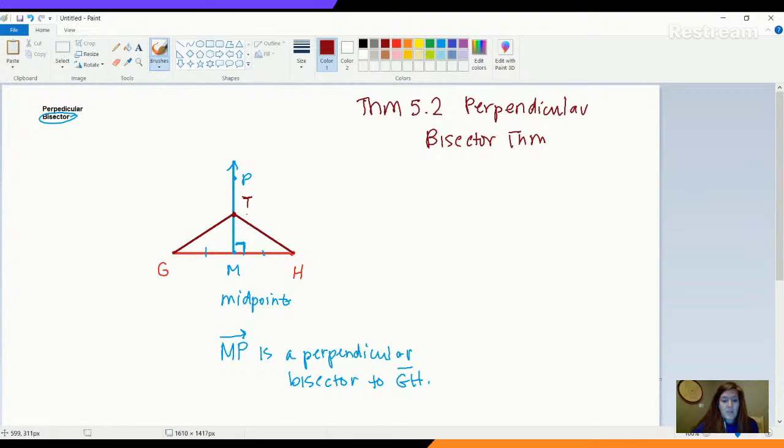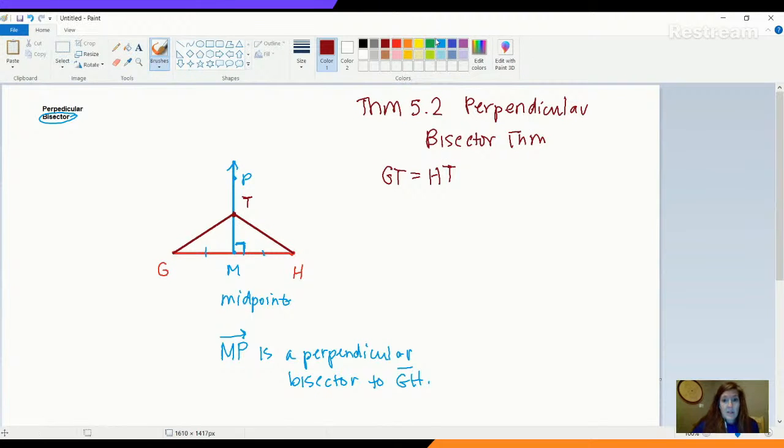We're talking about equidistant, which means we're not going to use the congruent sign. We're going to use the equality sign. So the perpendicular bisector theorem basically proves that if you have point T on your perpendicular bisector, then GT equals HT. That is true. Okay?